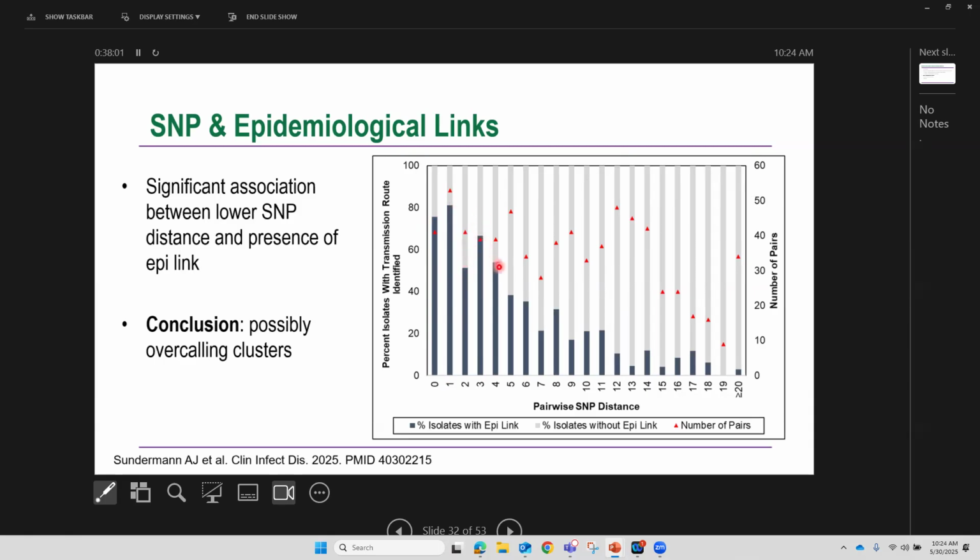And as the number of SNPs goes up, the likelihood of finding the transmission route goes way, way down as well. So we ended up concluding that even though we identified transmission routes between 10 and 15 SNPs, the most efficient way of running the system would be to consider an outbreak when we had 10 or fewer SNPs.